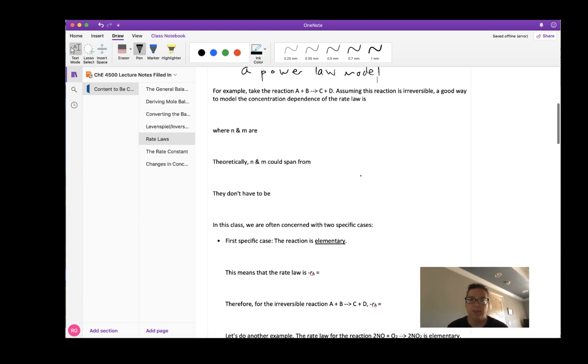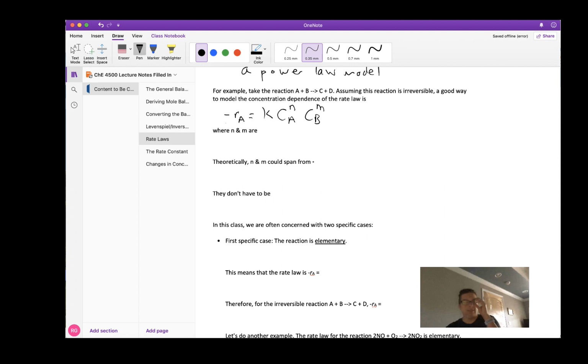For example, if we take our generic reaction here, A plus B goes to C plus D, and we assume that this reaction is irreversible, one way that we could model the rate would just be to say that the rate of consumption of A is equal to some rate constant times the concentration of A to the n power times the concentration of B to the m power.